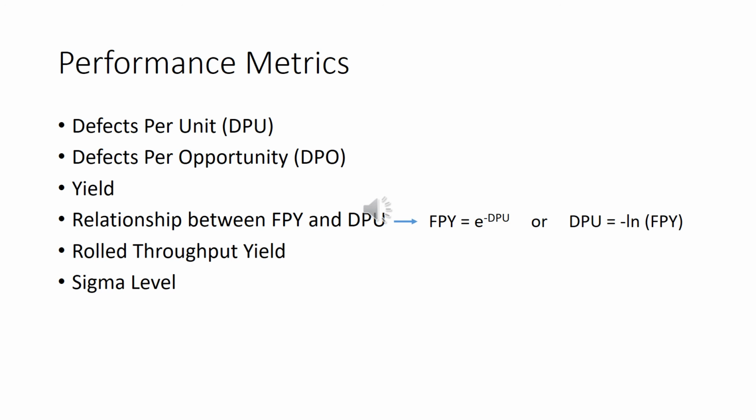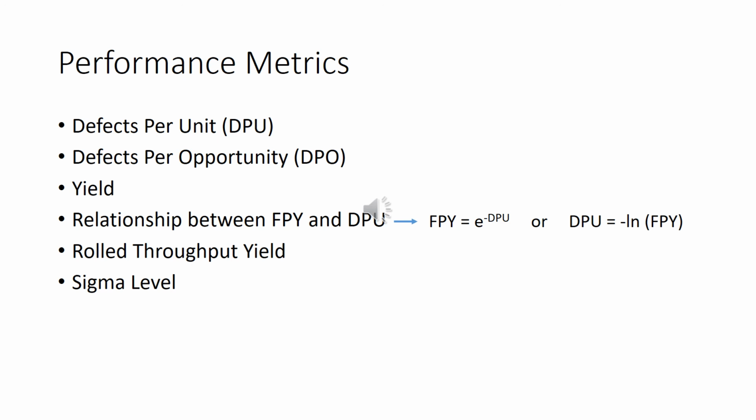Defects per opportunity, sometimes written as defects per million opportunities, is another way of looking at that. What they do is they say, well, how can I compare products of various complexity or medical care of various complexity? How can I compare the two? Well, what you do is you look at how many ways they can screw it up.